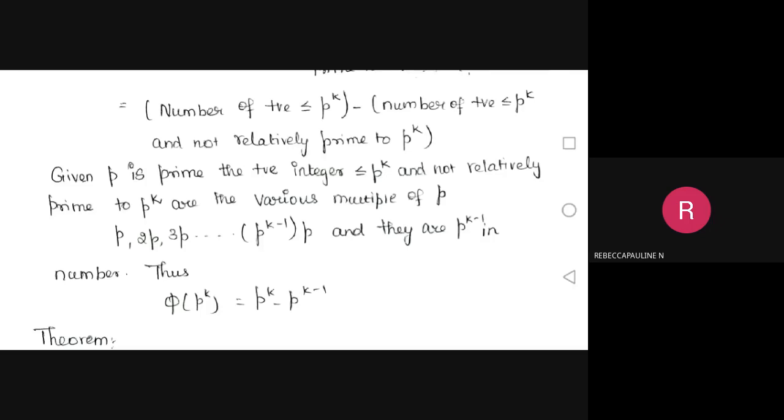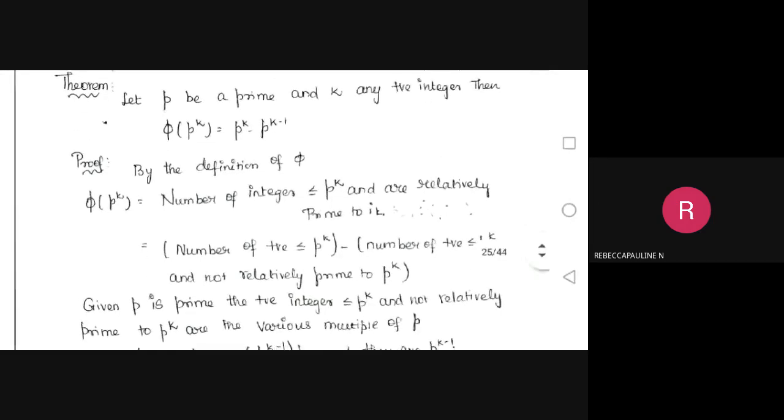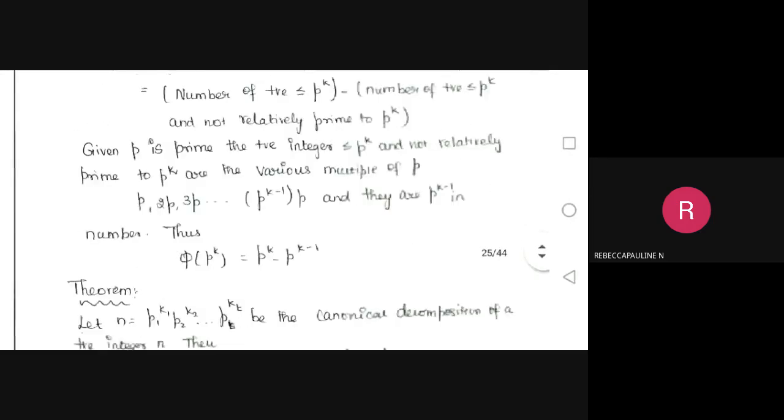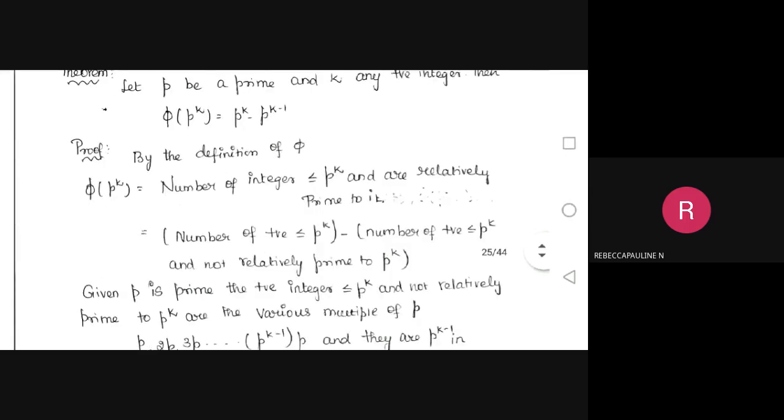So phi of p power k can be expressed as p power k minus p power k minus 1. Now you are able to understand the proof of the theorem.